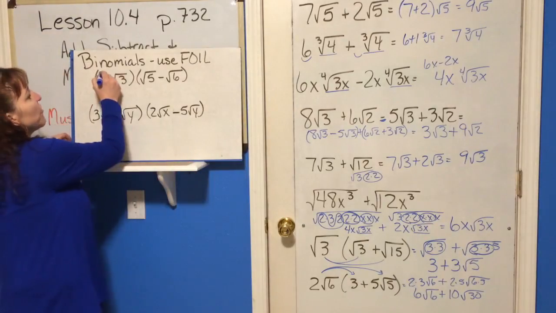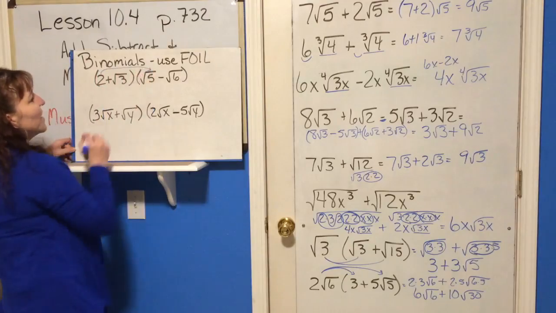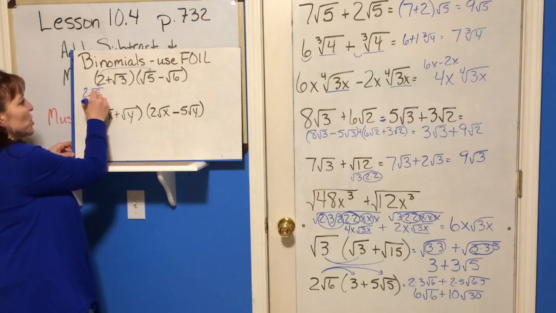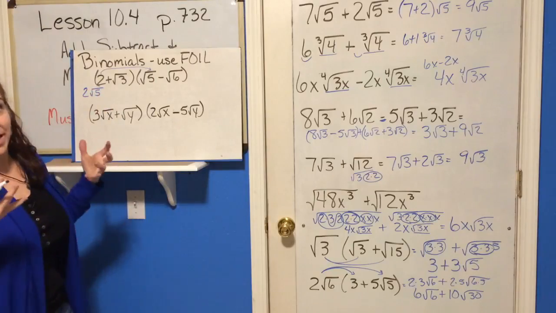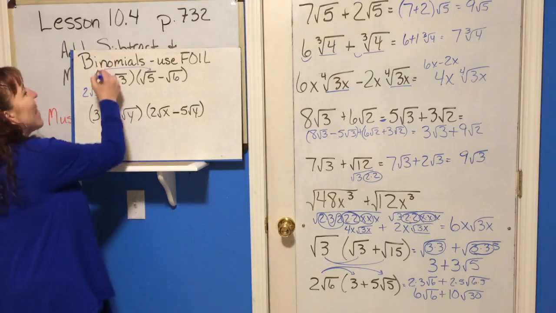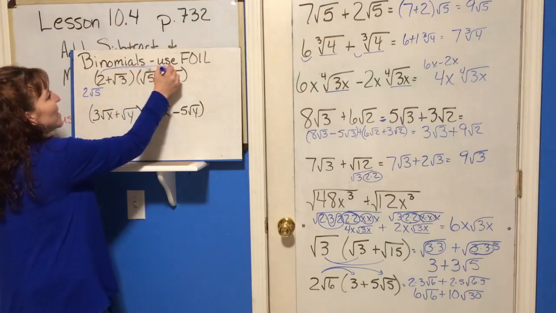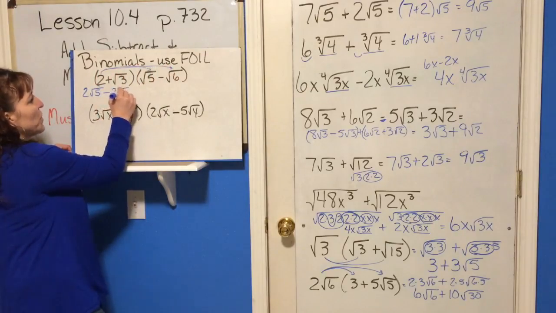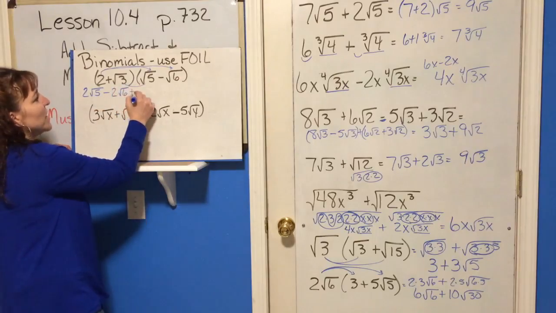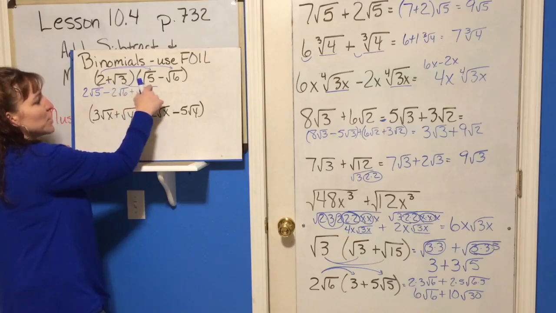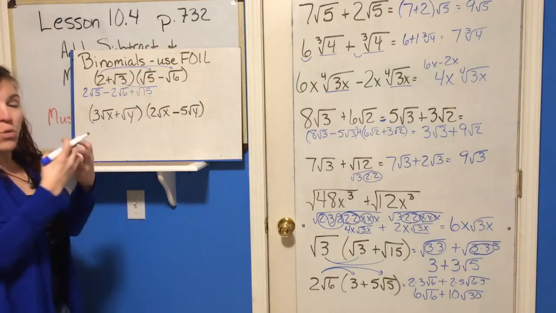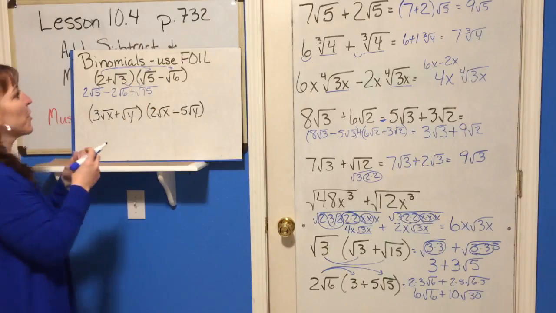So don't forget, first terms is 2 times the square root of 5, and that you just have to leave as 2 times the square root of 5. That doesn't simplify any further. And then the outside terms, so 2 times negative 6, so minus 2 square root of 6. Then the inside terms, plus the square root of 3 times the square root of 5, so 3 times 5 is 15. Because they're both under the box, I can multiply them together.